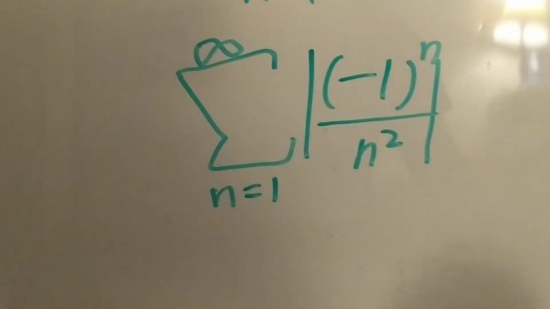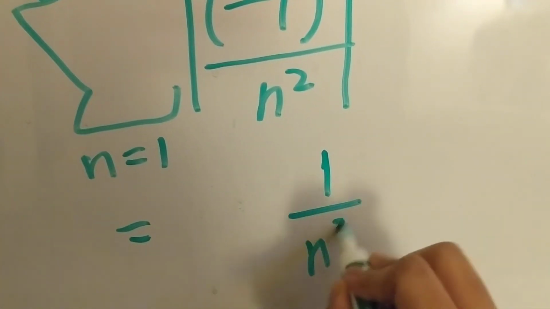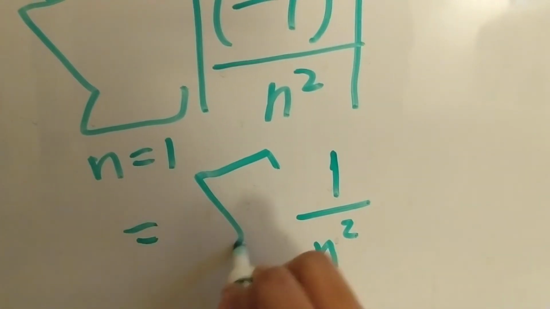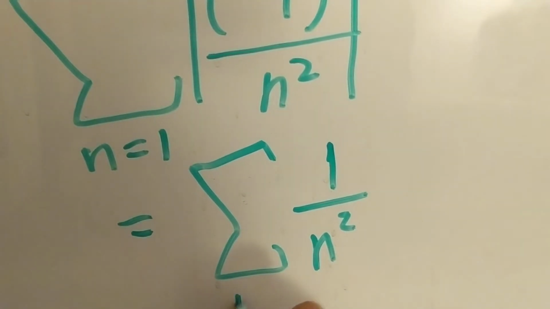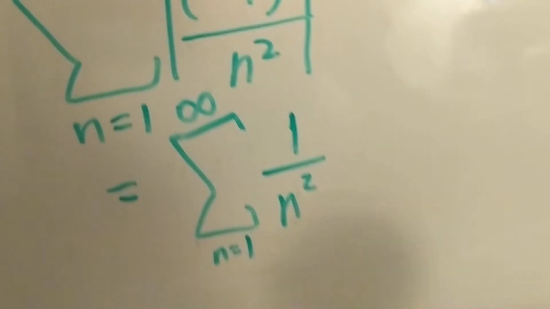Well, what does this give us? We're going to get 1 over n squared, from n equals 1 to infinity.